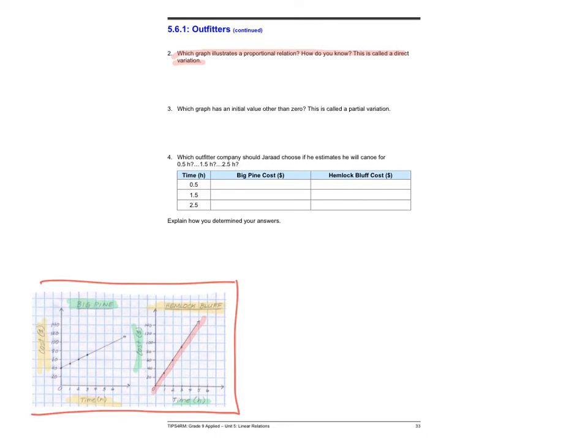The Hemlock Bluff graph is going to meet the criteria for a direct variation. Now, when we talk about direct variation in this class, all you need to concern yourself with is that the initial value is 0.